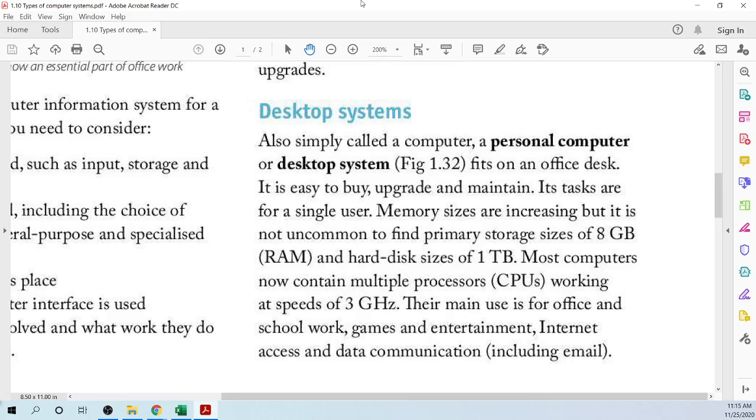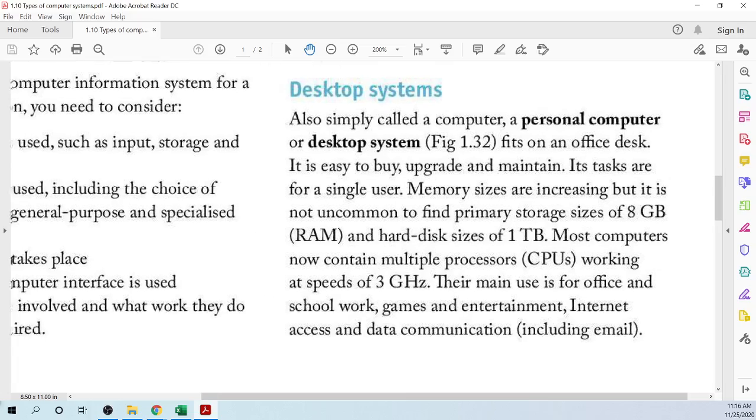Its tasks are for a single user. Memory sizes are increasing, but it is not uncommon to find primary storage sizes of 8 GB RAM and hard disk sizes of 1 terabyte. Most computers now contain multiple processors, CPUs, working at speeds of 3 gigahertz. Their main use is for office and schoolwork, games and entertainment, internet access and data communication, including email.